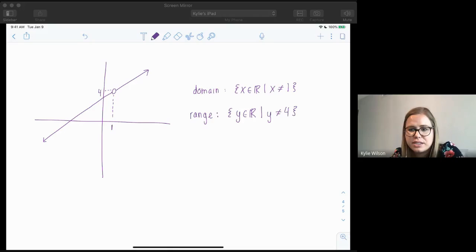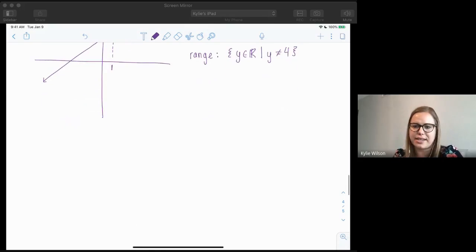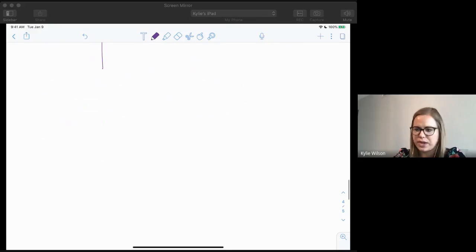What if the domain and range is limited? So if the domain and range is limited, what you've written there could be something that looks like this.